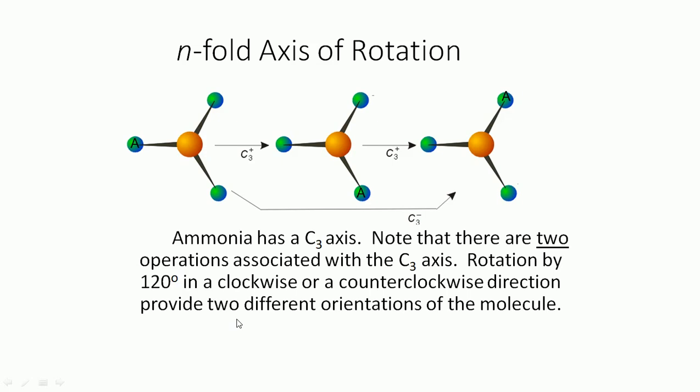Ammonia molecule is a pyramidal structure, one nitrogen and 3 hydrogen atoms, in a triangular pyramidal manner. This is a top view or the bird's eye view of ammonia molecule. And you imagine an axis which is passing through nitrogen.